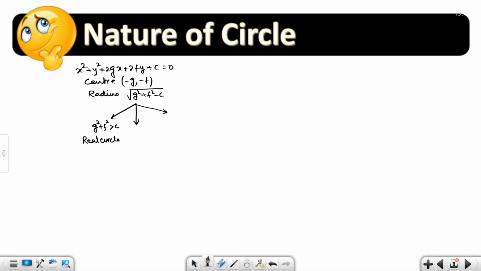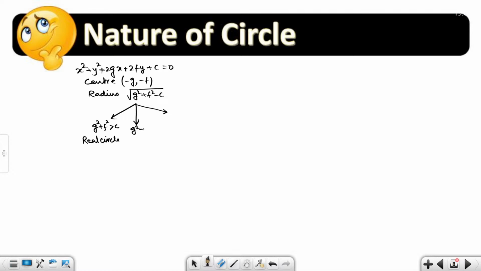Isn't it so? Because under the root sign, you have a positive value. So that root is defined. So you are getting a real circle whose center is at minus g, minus f and radius is root over g square plus f square minus c.